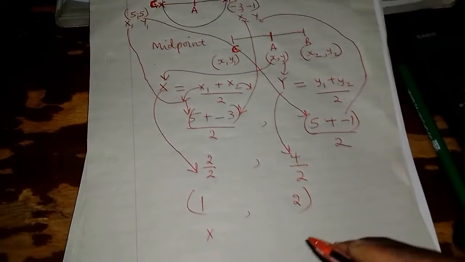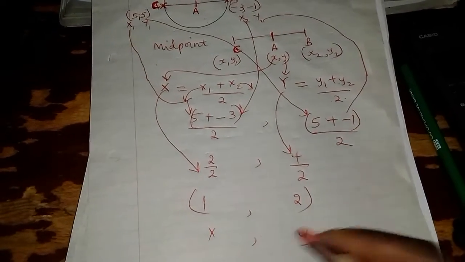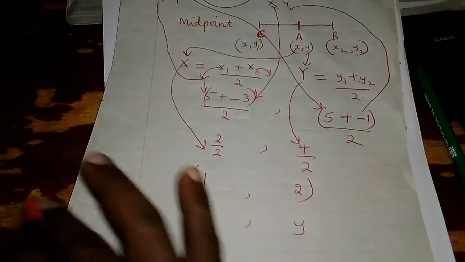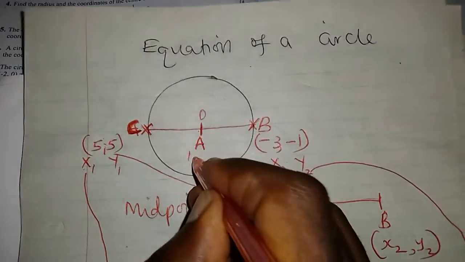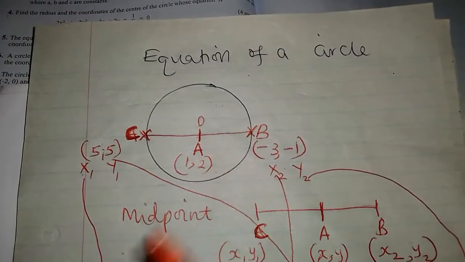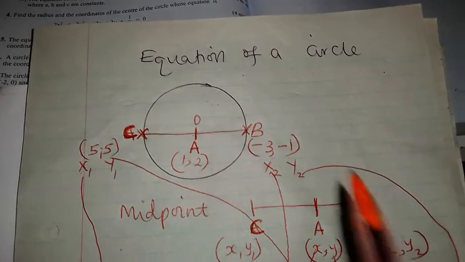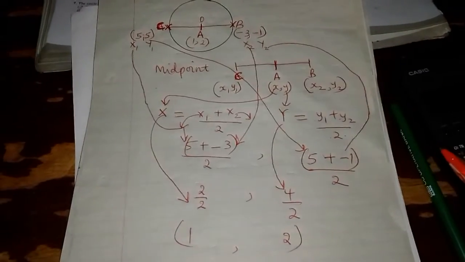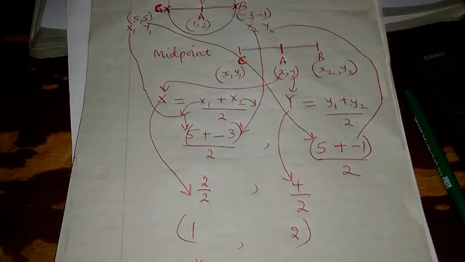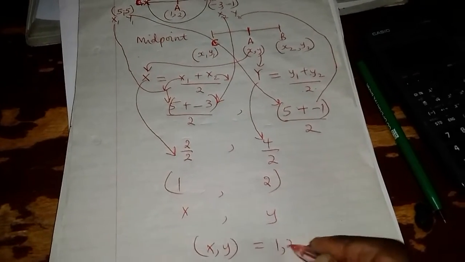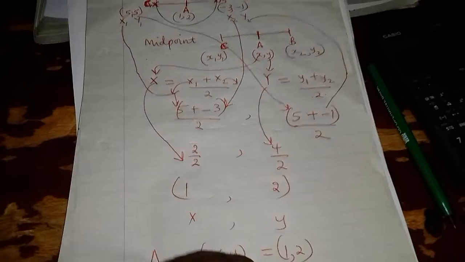So the coordinates of the center of this circle are 1, 2. It means the x value is 1, the y value is 2. So xy is 1, 2, the coordinates of A.